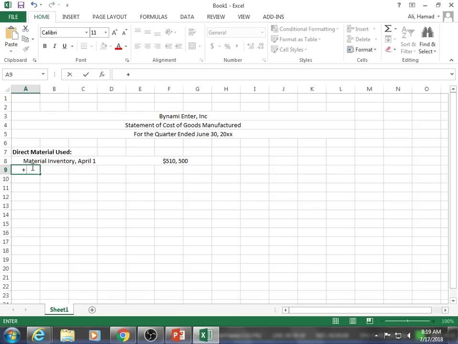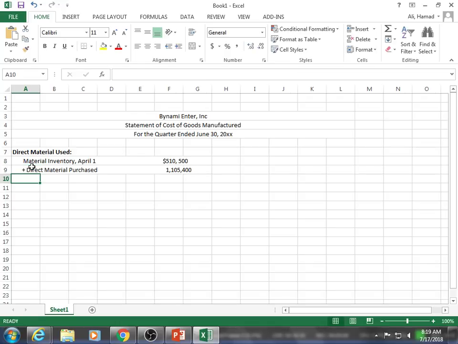Plus direct material purchased during the quarter. How much was purchased during the quarter? 1,105,400.